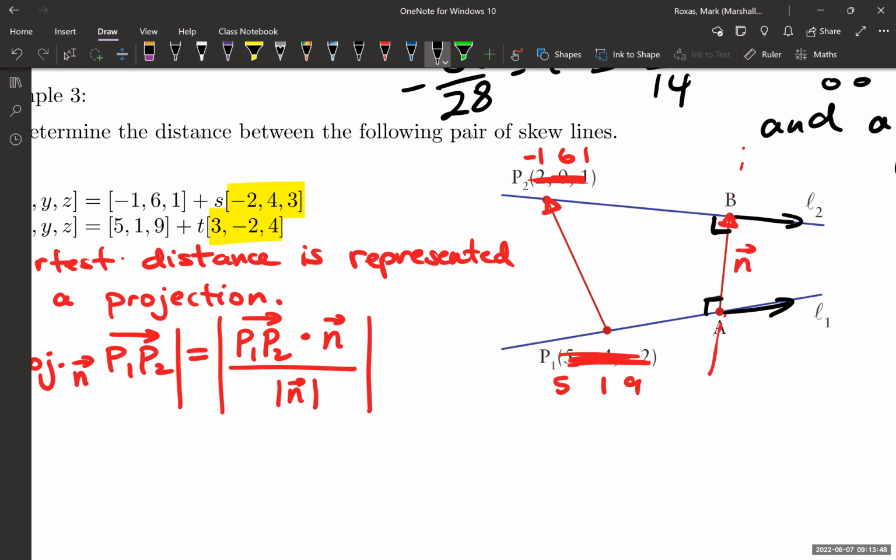Okay, and so this normal vector is perpendicular to both these lines, so therefore it is perpendicular to both of my direction vectors. And then you think, okay, what do we know from our vector toolbox that relates two vectors and something perpendicular to both? Cross product. Okay, so I can find vector n by taking the cross product of both of my direction vectors.